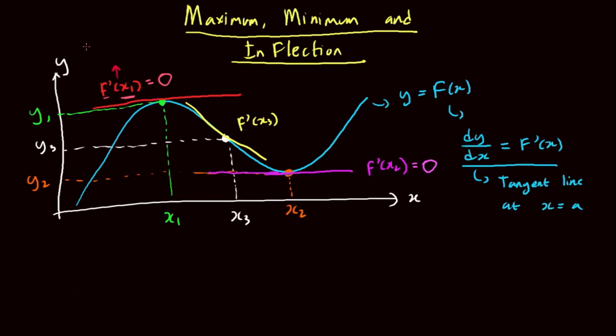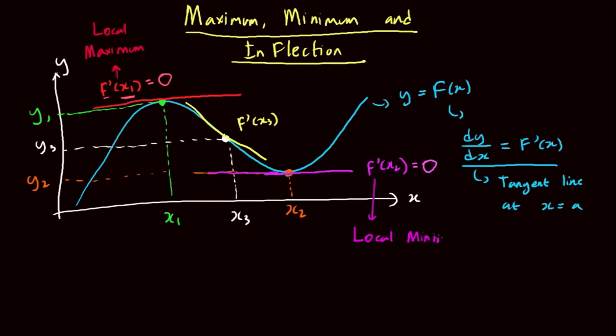So this is what we call our maximum, more so our local maximum point. And f prime x2 is 0, is what we call our local minimum.